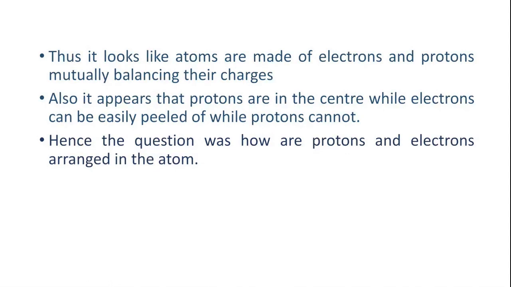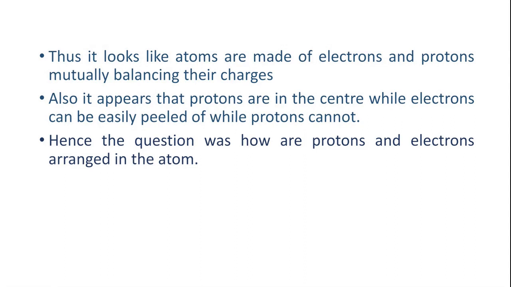It looks like protons are in the center because they have charge. They're heavy, so they are in the center. Whereas electrons can be easily peeled off, like we discussed, like an onion peel, how we can easily peel off. Like that, it can be peeled off. While protons cannot, because they have mass. So the question was, what is our question now? How the protons and electrons are arranged in the atoms, ma'am.